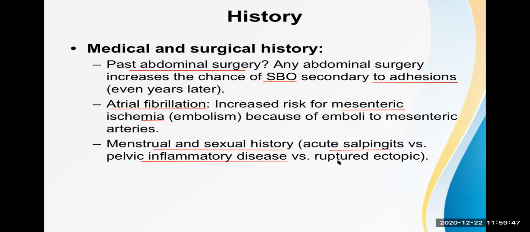Another one is ruptured ectopic pregnancy. If you do not take the menstrual history properly, how will you diagnose ruptured ectopic? The question about the last menstrual period, LMP, has to be asked. Usually the lady has already missed her last menstrual period by 1 to 2 weeks. Then it is highly suspected. So these are the important points.